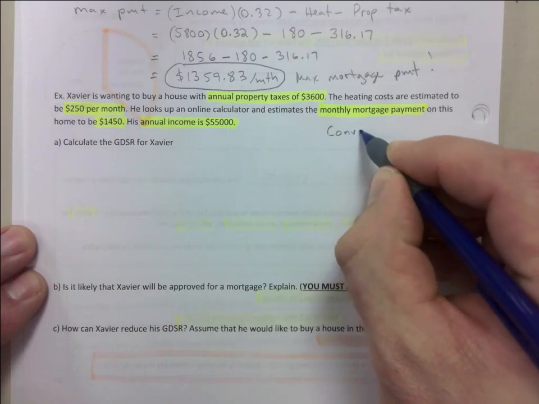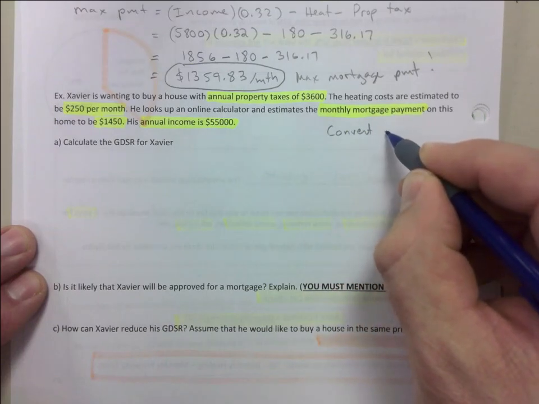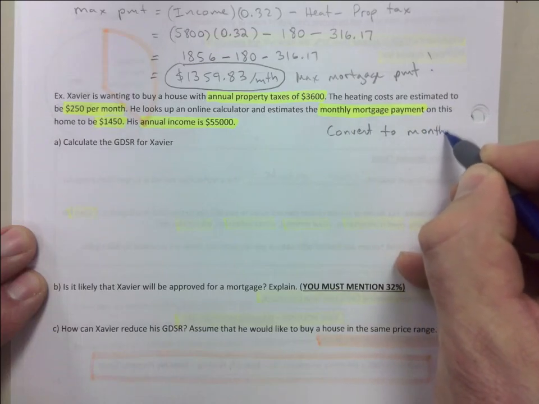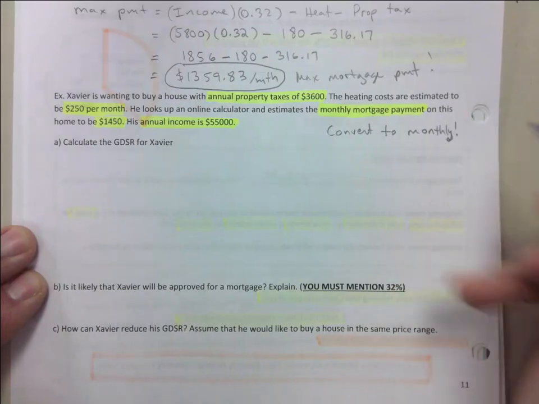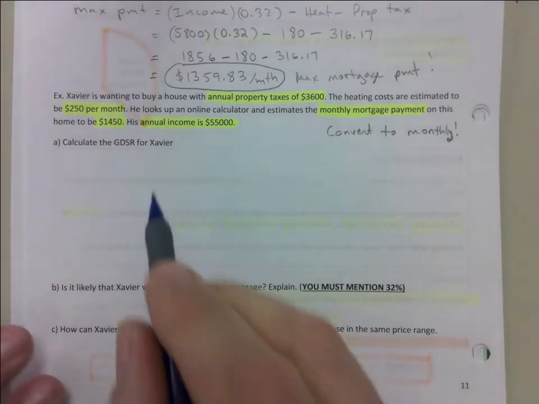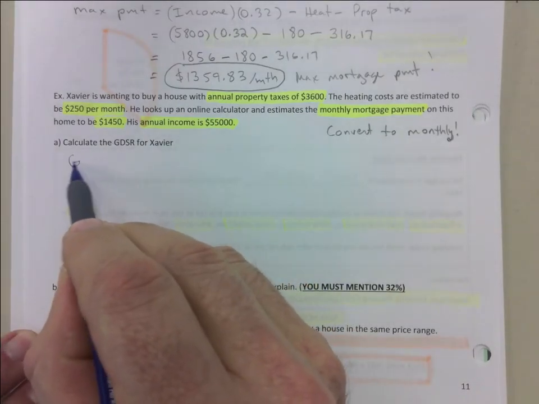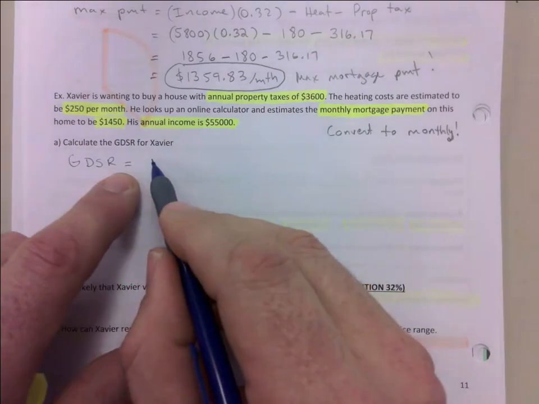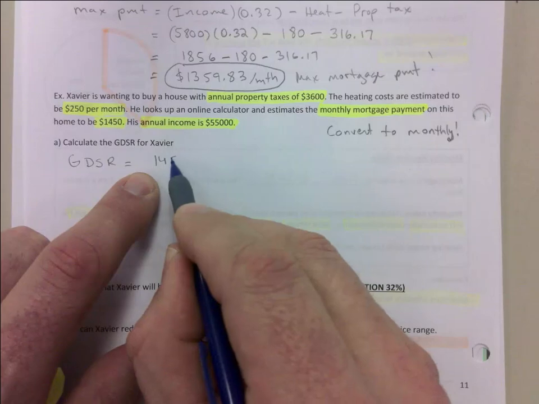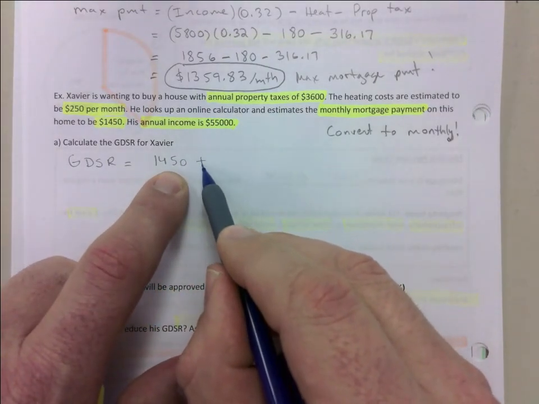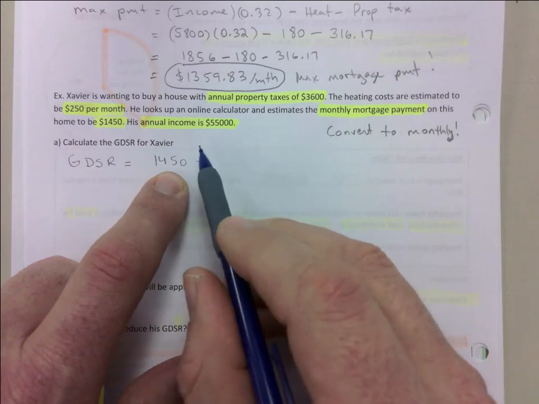Convert to monthly. Okay, so that's something that you have to take into account. You have to convert everything into monthly amounts. So here's the GDSR. The GDSR calls for your mortgage payment plus your heating cost.